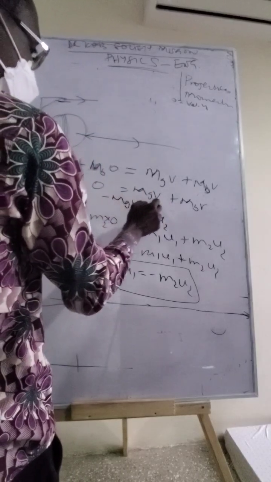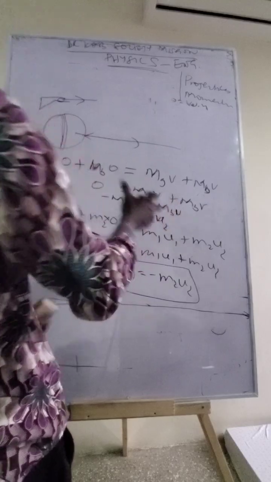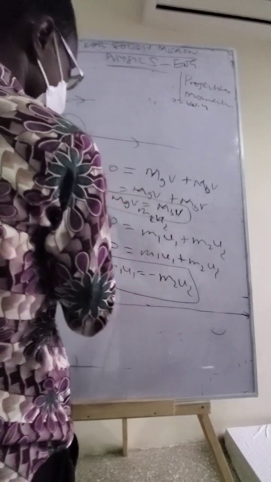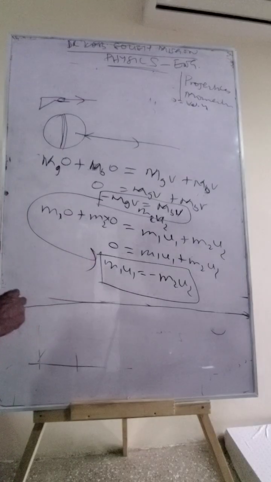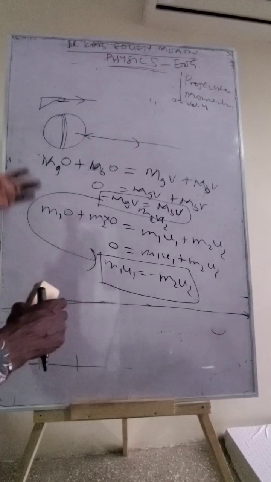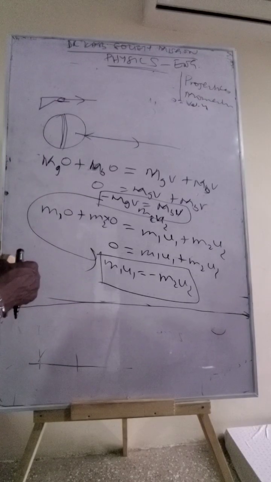So it means that they will move in the opposite direction. Okay, that is why you get a recoil. Opposite direction. So this is a good example of the bullet and the gun, linear momentum kind of thing.